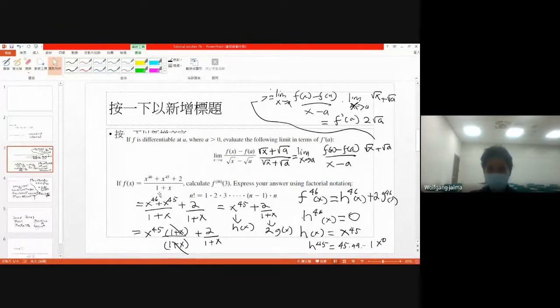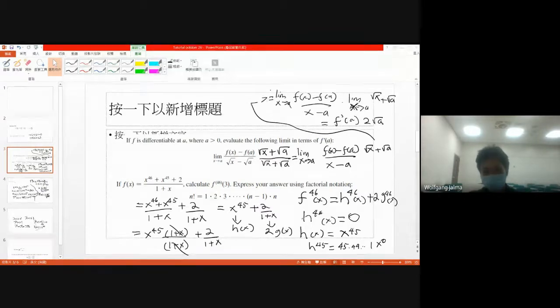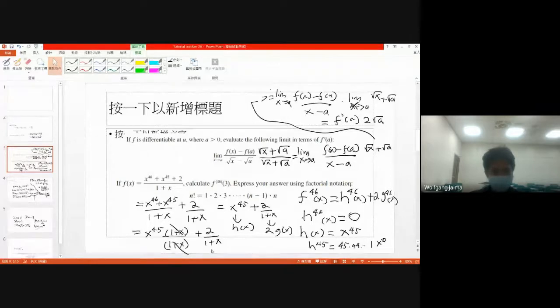That's why I go this route to separate between h and g, to separate the positive power and the negative power. When we have positive and negative power separately, it's much easier to deal with. Okay? Okay, good. I think it's quite clear.